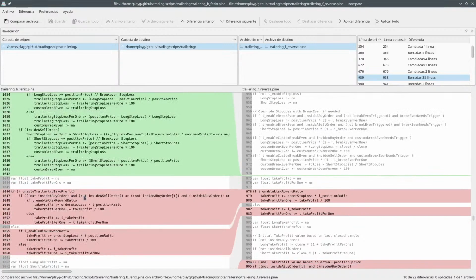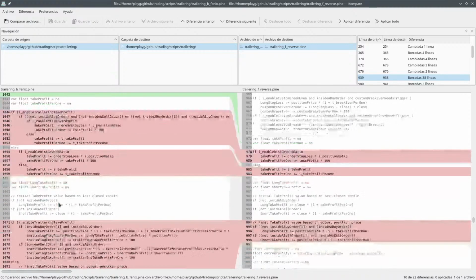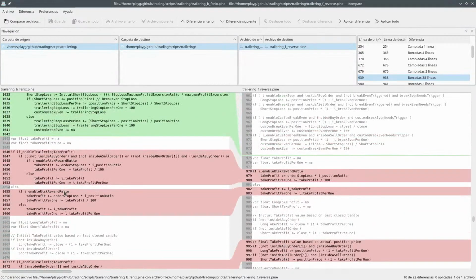So what the hell have I been doing here? Okay, so I have been doing this, which is the take profit per one, and also take profit, which I'm not sure if I'm using or not. Yeah, so I have done this, that's a good question.